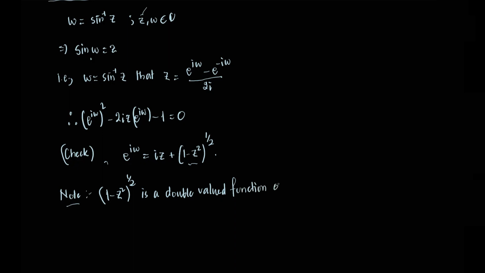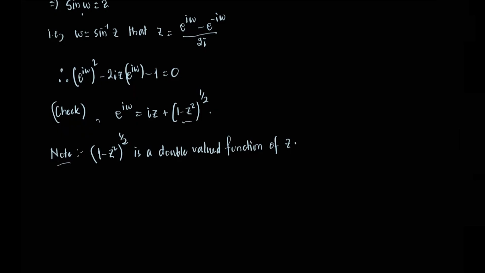So if you take logarithm on both sides, e power iw is this, right? I want to write down w. If you take the logarithm on both sides, you get iw equals the log of that term. What is w? w is sine inverse z, right?